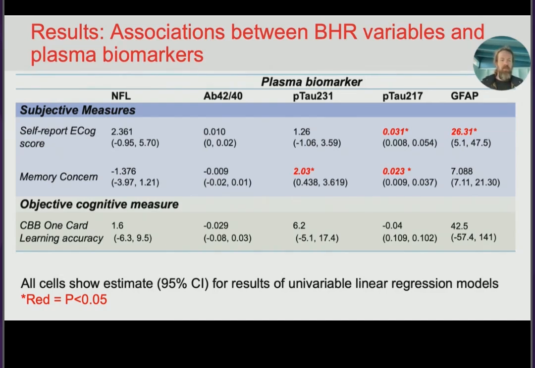For the memory concern question, endorsing a memory concern is associated with elevated p-tau 231 and elevated p-tau 217. We found no other significant associations between the subjective measures and any of the other biomarkers, and we found no significant associations between any of the plasma biomarkers and performance on the cog state one-card learning task.